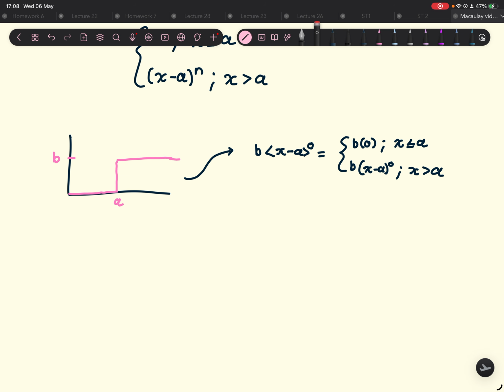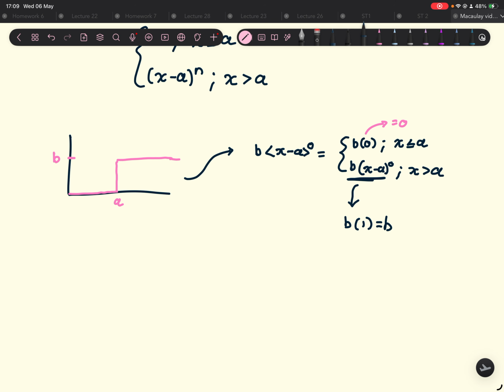When it's less than a, obviously this will simplify to 0. Then this other portion over here is going to equal b, or you could just say b times 1, which is still b.